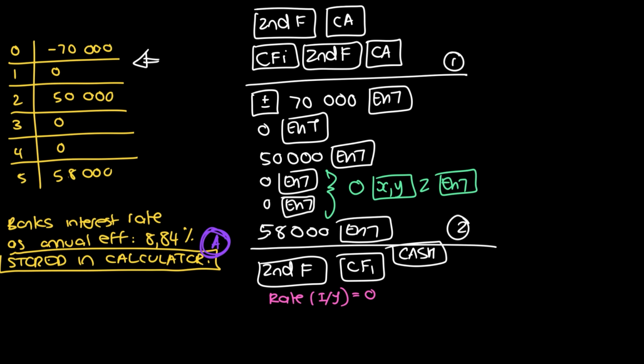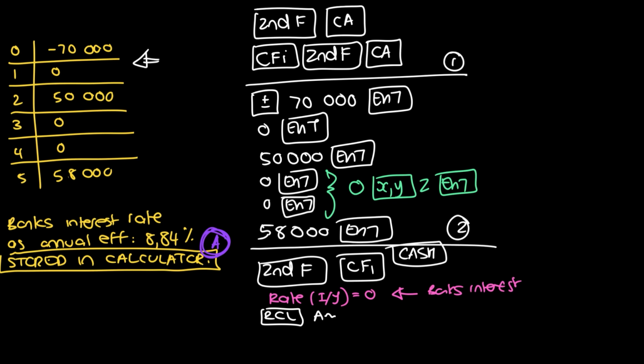Now, if we're working out the NPV, we're going to update this rate with the bank's annual effective interest rate. So when it's displaying, we're going to recall wherever we stored our annual effective interest rate of the bank.